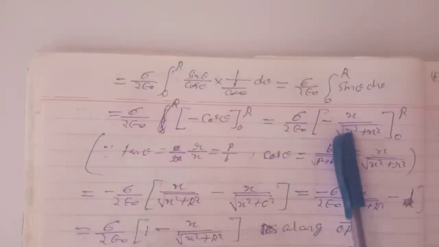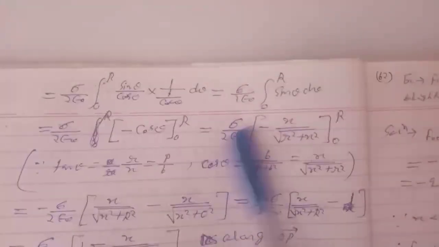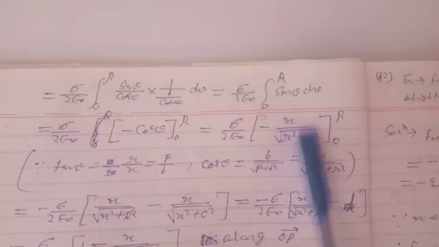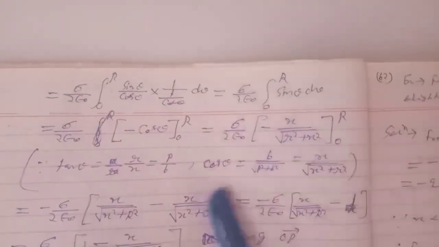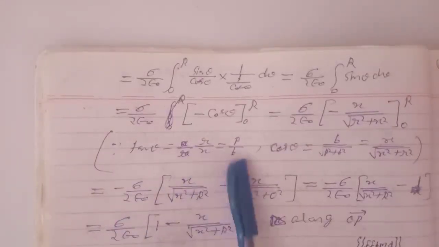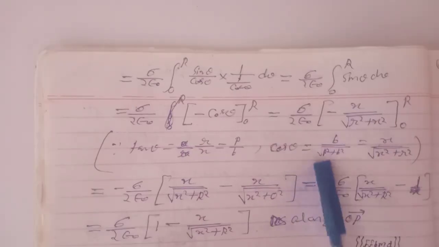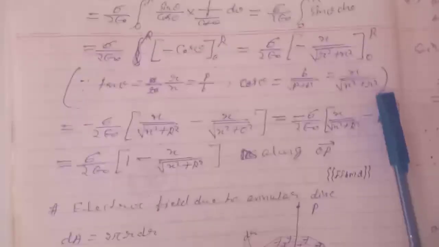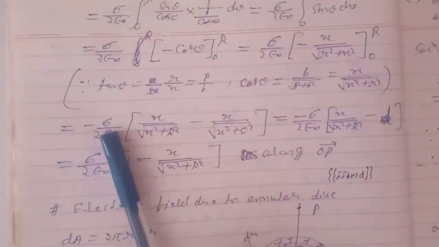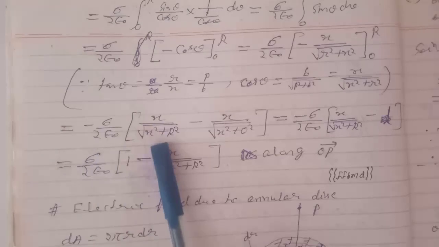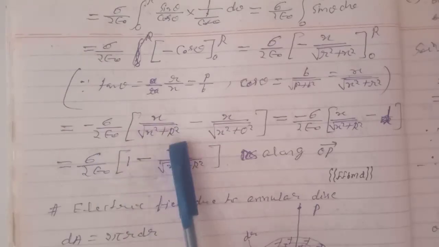So we have calculated sigma by 2 epsilon naught under bracket in the limit 0 to r, minus x by under root r square plus x square, since tan theta equal to r by x, and cos theta equal to x by under root x square plus r square, or equals minus of sigma by 2 epsilon naught x by under root x square plus r square.